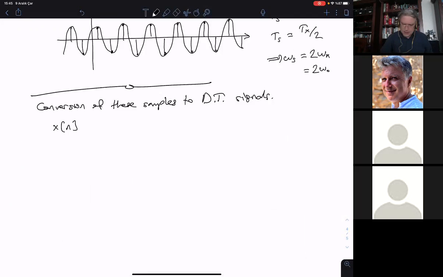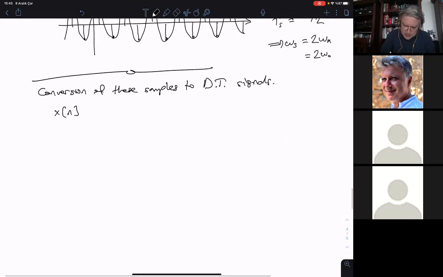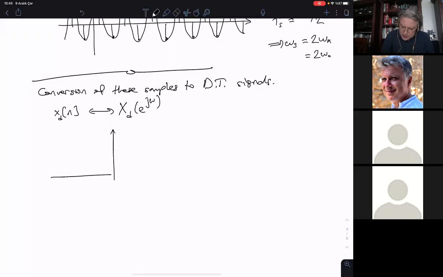Let me illustrate it from here. Let's call this the discrete time signal, which has the discrete time Fourier transform of capital X sub d of e to the j omega, okay? What we did was starting with the continuous time signal. The continuous time signal was, let's say, x sub c of t, okay?